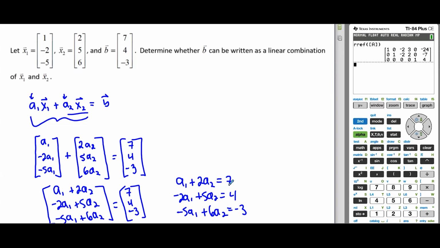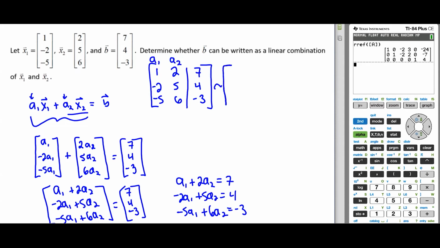We use an augmented matrix. So what are the coefficients here? 1, negative 2, negative 5. 2, 5, 6. Augmented with 7, 4, negative 3. And these columns are the coefficients of the variables a1 and a2. I'm going to use my calculator here to save some time. I'm going to put this into a matrix.